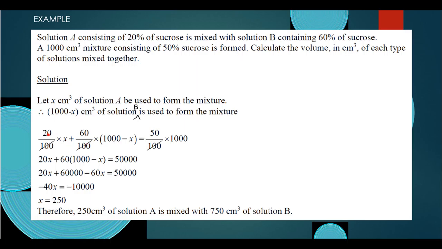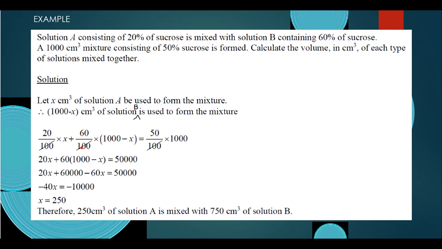Now I'm trying to form the equation by equating the amount of sucrose in the mixture. In solution A, there are 20% of sucrose. So I take 20 over 100 times the total volume of solution A. That will give you the volume of sucrose in solution A, plus the volume of sucrose in solution B, which has 60% of sucrose.